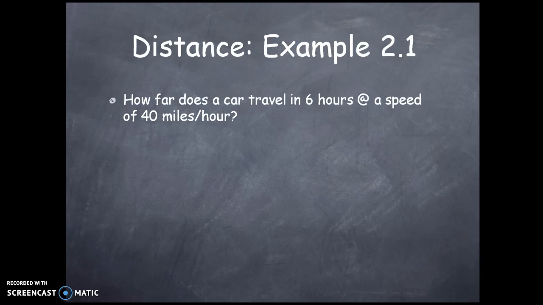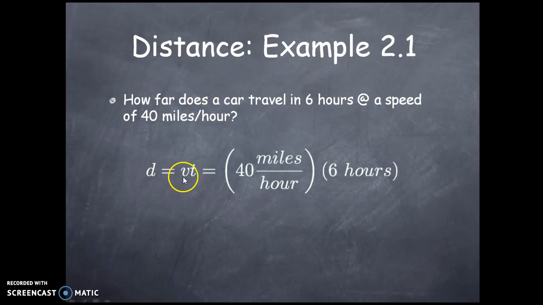So let's do one example. How far does a car travel in 6 hours at a speed of 40 miles an hour? So in this problem, we have the time given as 6 hours and the speed as 40 miles an hour. So you want to find out the distance covered.